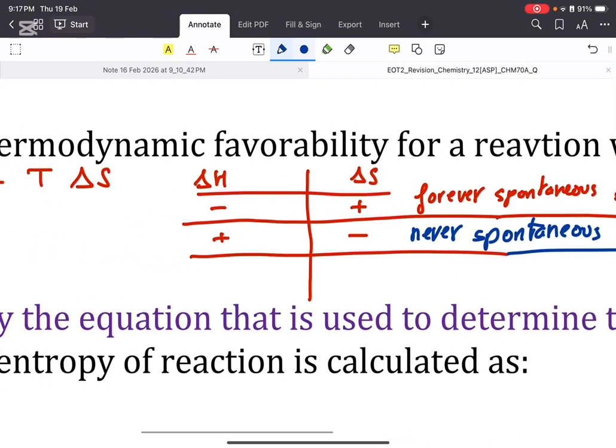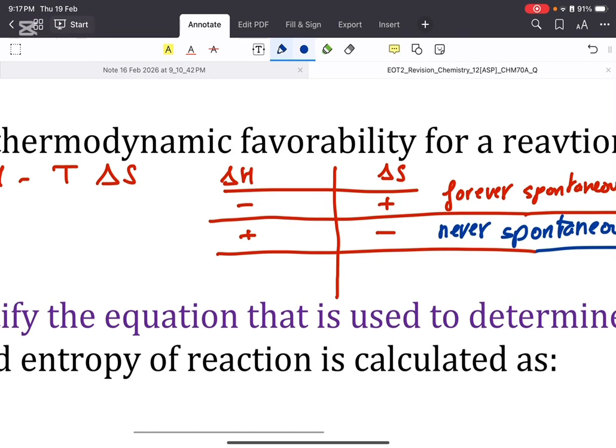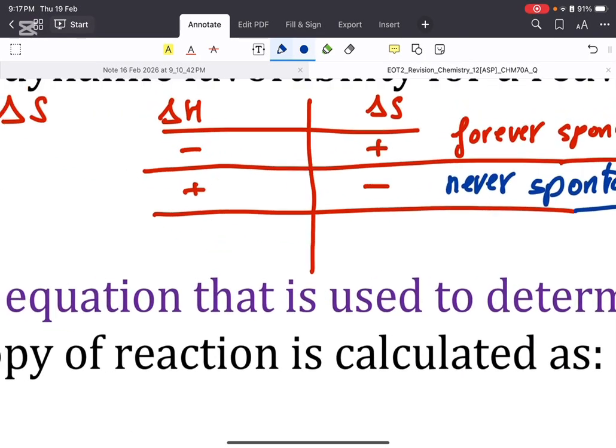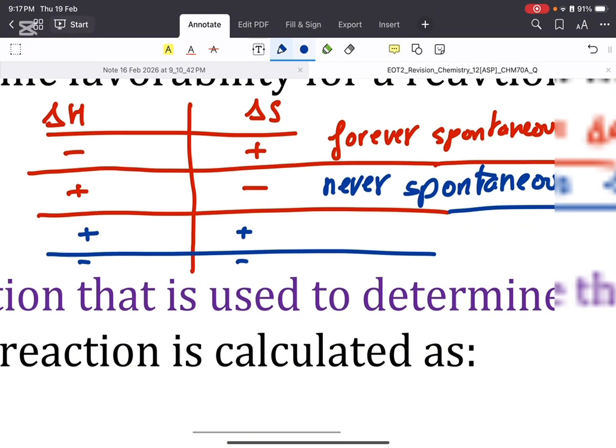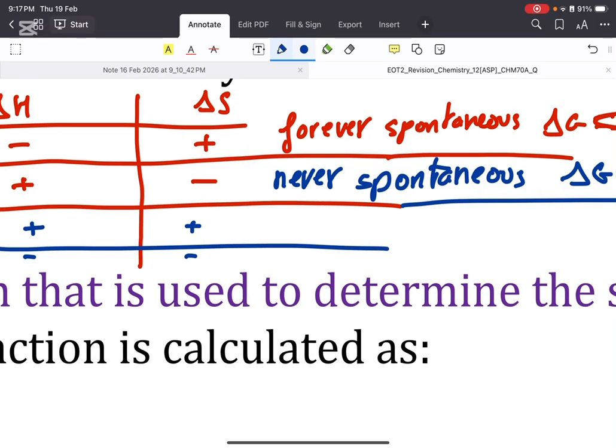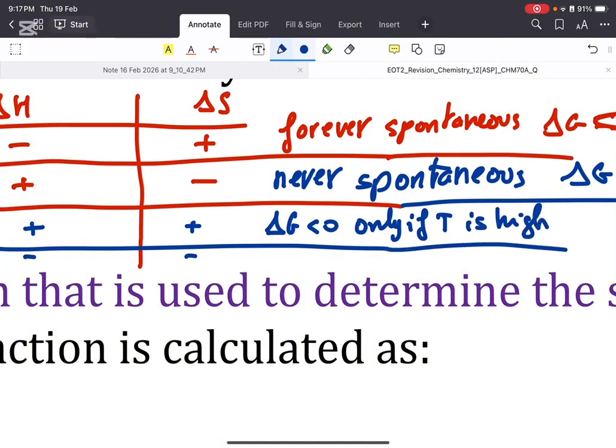Now, the system is spontaneous depending on temperature when delta H and delta S have the same signs, if both of them are positive or if both of them are negative. If both are positive, delta G will be negative only if temperature is high, so the system is favored only when temperature is high.